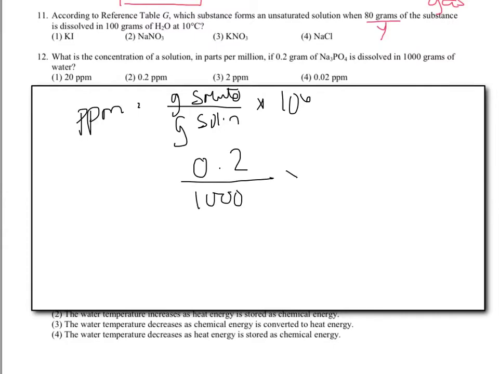We're going to multiply this times 1 million. When you place this in your calculator, you should get 200 parts per million. Please note that there is a mistake on this review sheet and no correct answer is provided. 200 parts per million is the best answer.